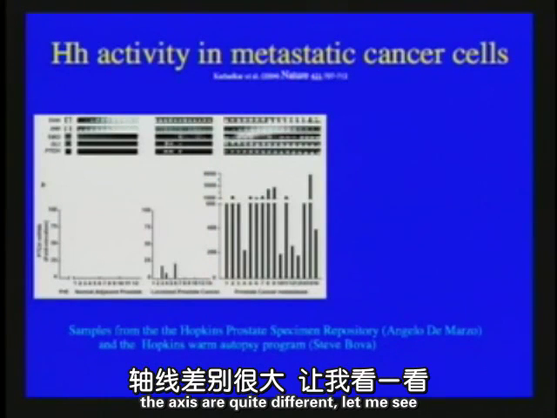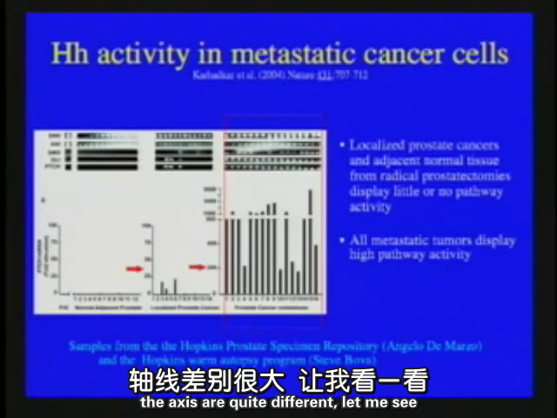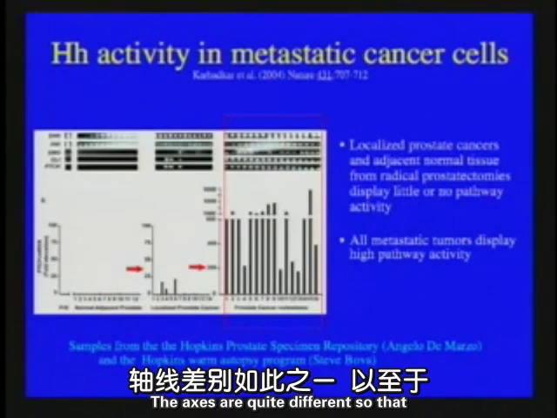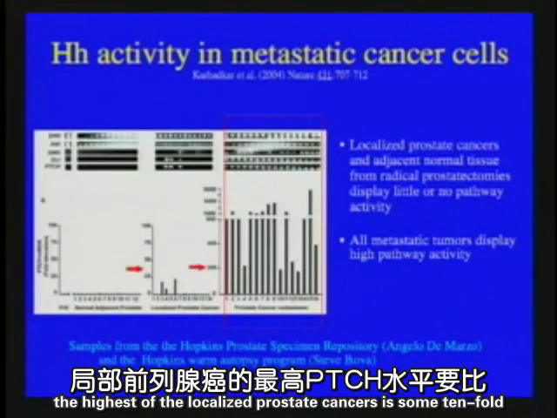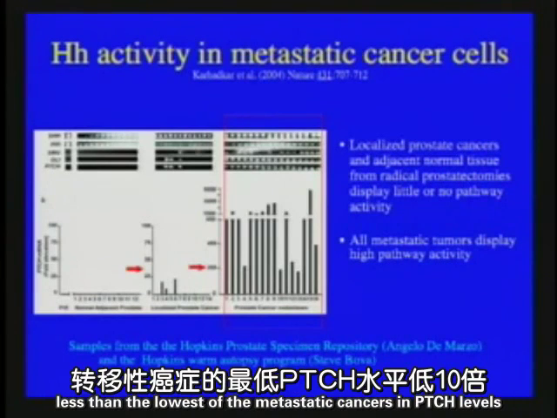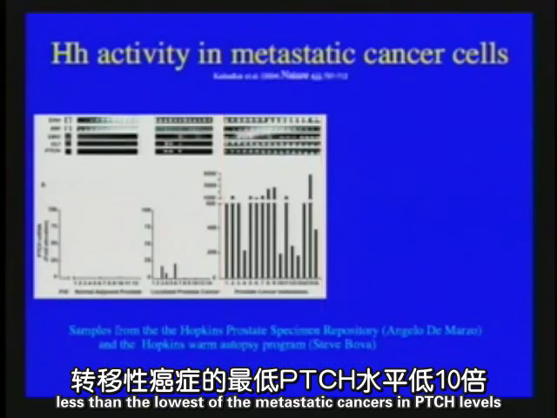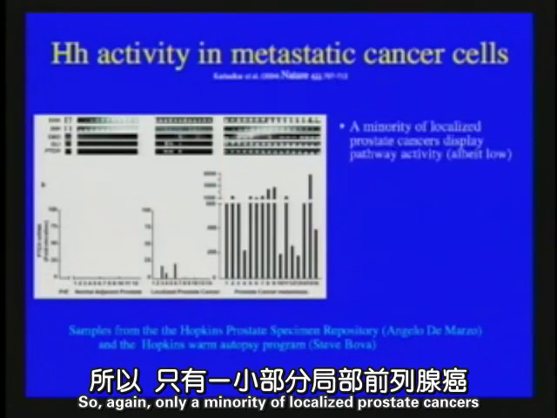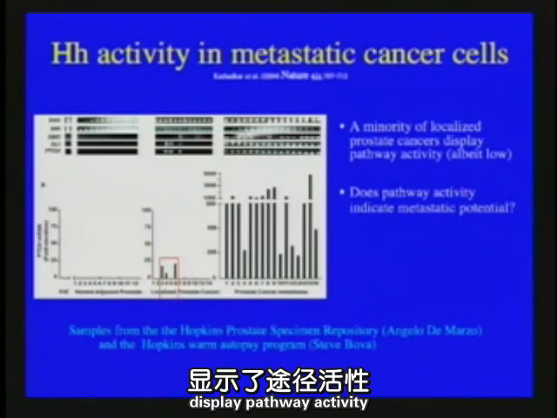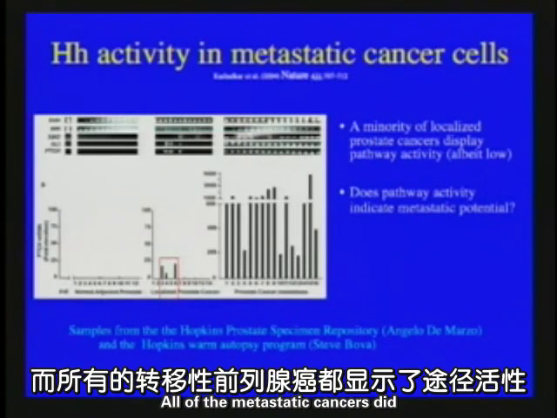The axes are quite different, so that the highest of the localized prostate cancers is some tenfold less than the lowest of the metastatic cancers in patched levels. So again, only a minority of localized prostate cancers displayed pathway activity. All of the metastatic cancers did.